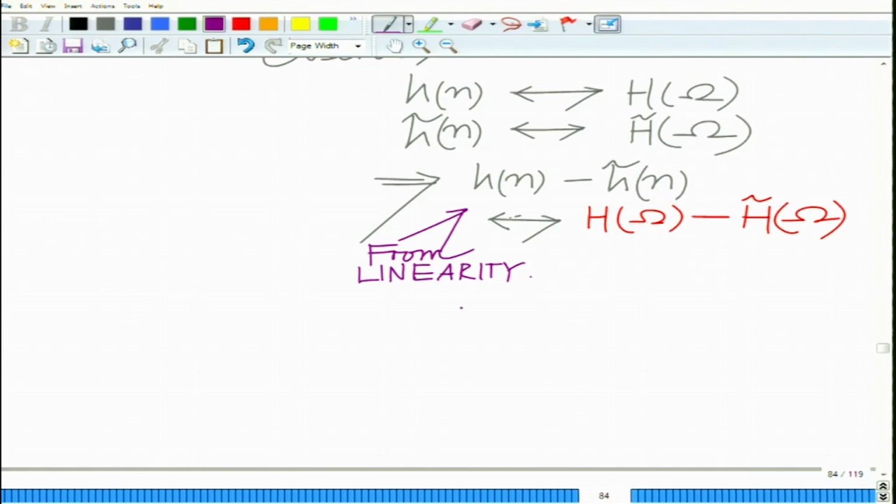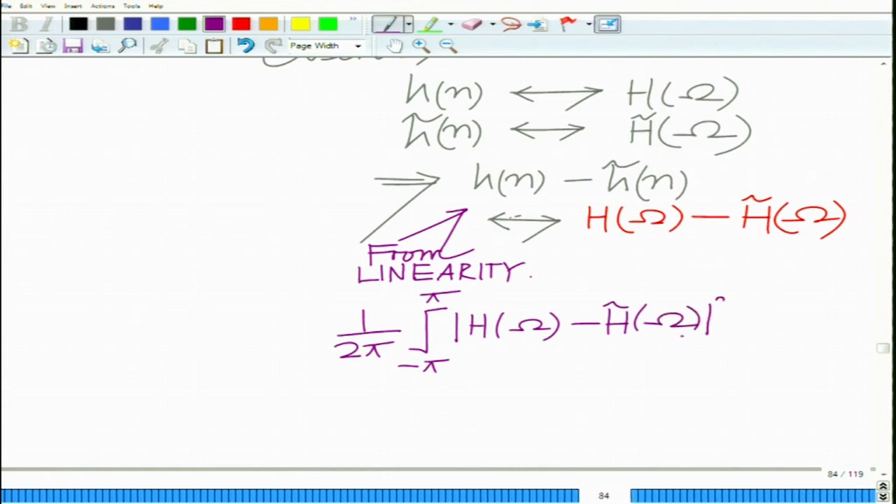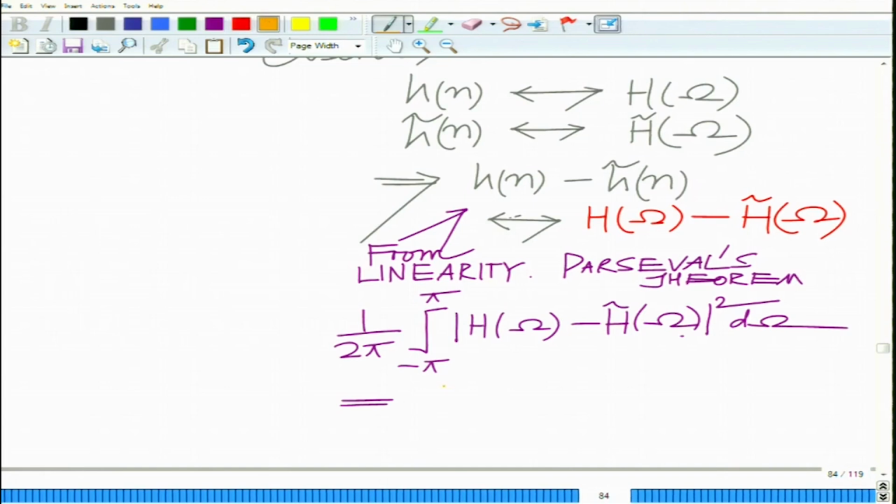Now, if you look at this quantity, minus pi to pi, 1 over 2 pi magnitude H of omega minus H tilde of omega squared, from Parseval's theorem this is equal to the summation n equals minus infinity to infinity of magnitude h n minus h tilde n squared.